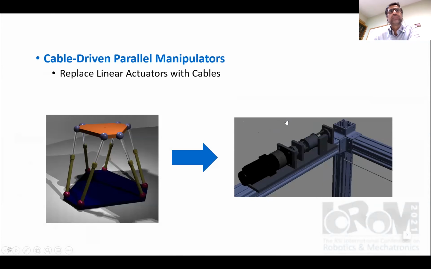As we know, to cope with parallel robot drawbacks, 4 decades ago a new attitude formed in the robotic society. This attitude is based on replacing linear actuators with active cables, and based on this, cable-driven robots were introduced.